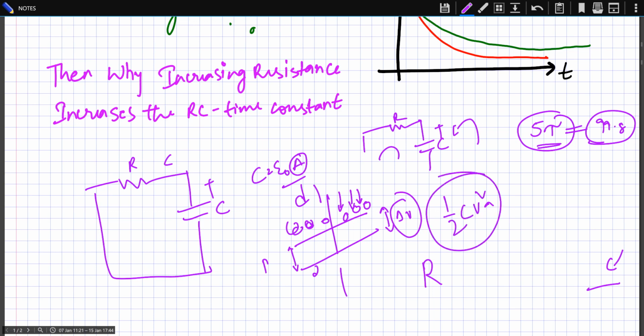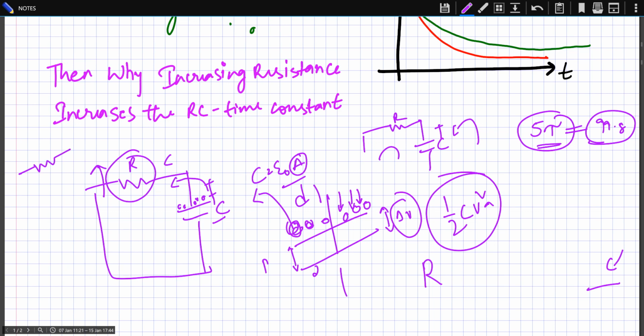So how does the capacitor dissipate its energy? It is just by the movement of charges. So higher the amount of charges, higher the amount of energy, and higher will be the potential difference, and the faster will the charges try to move. Now, increasing the resistance, we know what a resistance does.